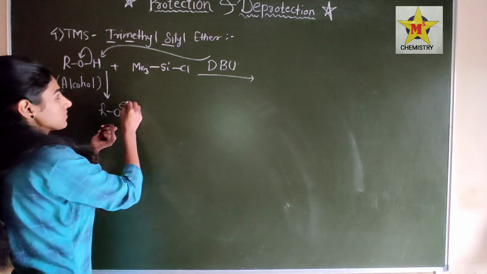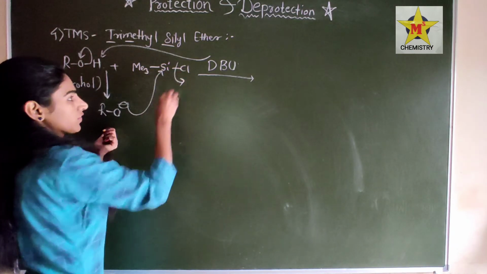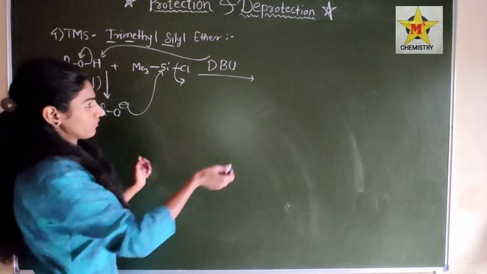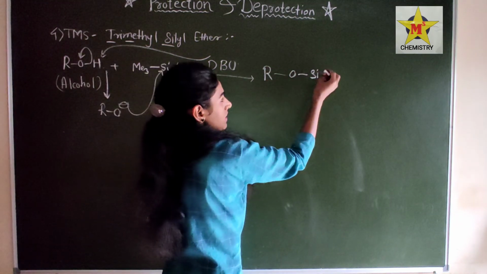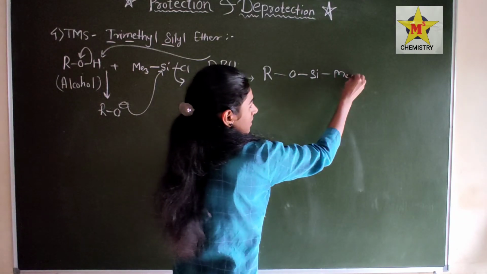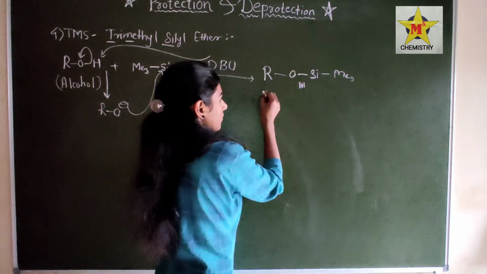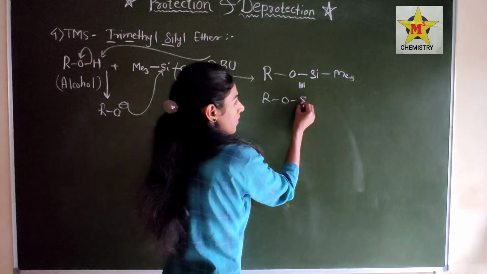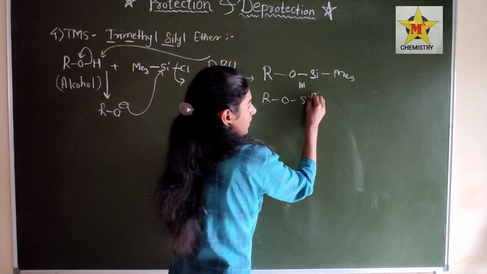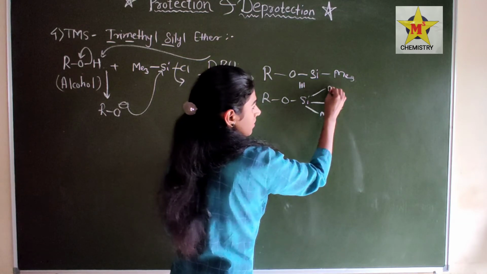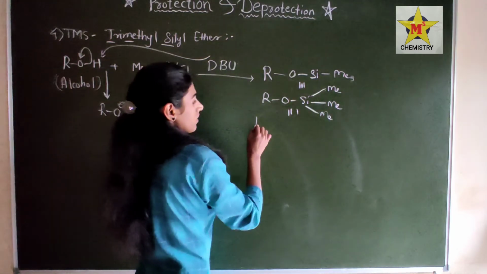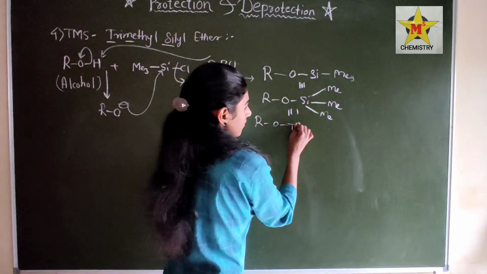This O minus will attack the silicon and the chlorine atom gets departed, and ROSiMe3 is formed, or we can write it like this: ROSi with 1 Me, 2 Me and 3 Me, that is methyl. Or ROTMS.